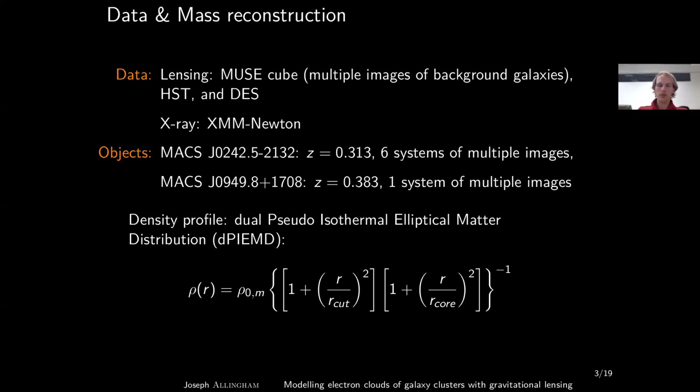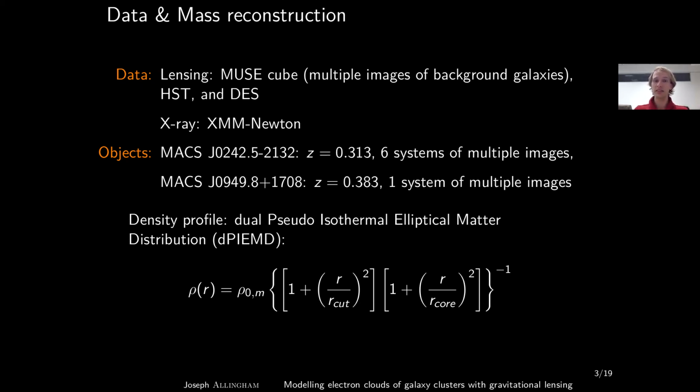So we studied two galaxy clusters, MACS J0242 and 0949, at redshift between 0.4 and 0.3, pardon, and 0.4. And I should really outline the former cluster is way better constrained than the latter because we detected 6 systems of multiple images.